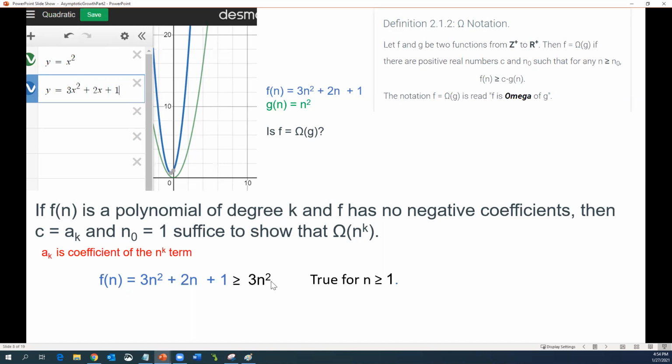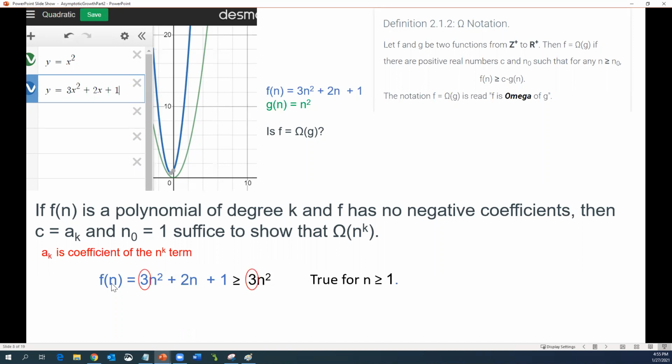If I have 3n squared compared to this other one, the 3n squared is only going to be smaller, right? Because I just dropped some positive terms, so this is going to get smaller, which means the original was bigger.